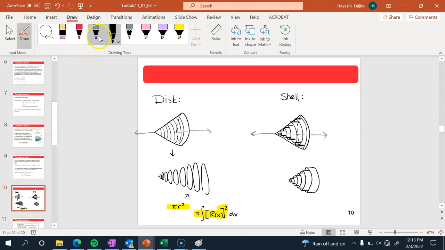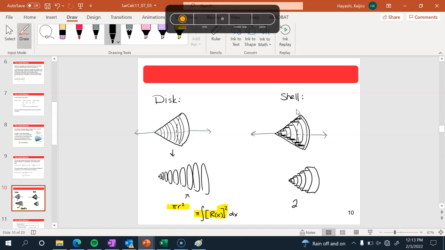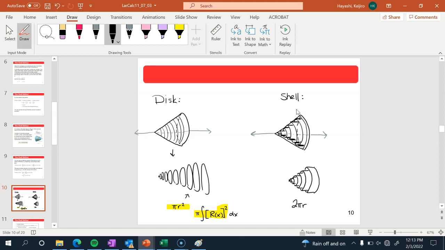But the area of any of these shells is going to be 2 pi r times h.